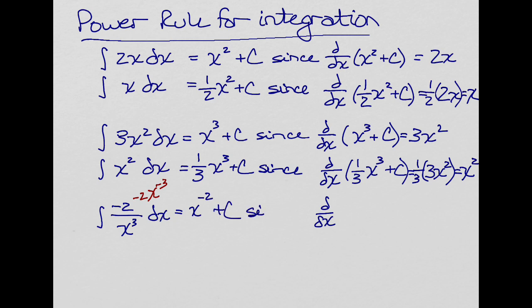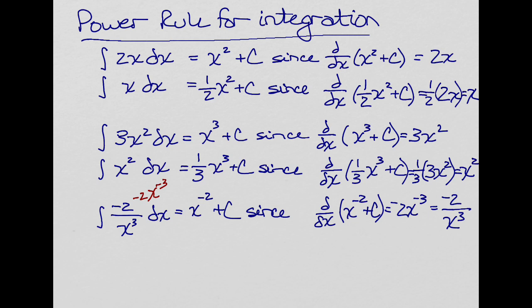When I take a derivative of that, I get negative 2 times x to one lower power, x to the negative 3, which is, in fact, negative 2 over x to the positive 3, which is what I wanted.